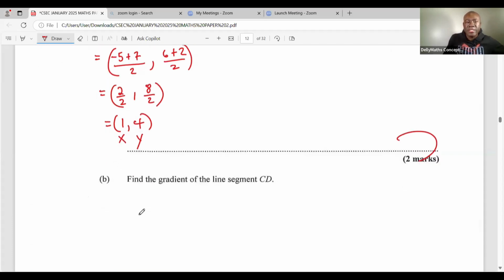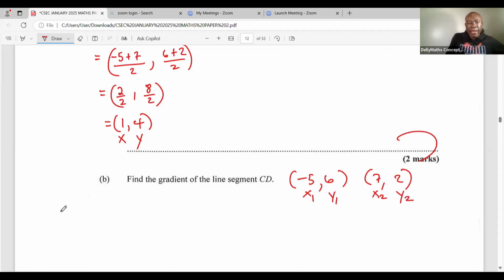The other question says, find the gradient of the line. If we're going to find the gradient of the line, we need to have our points back here. We want to look back at them. We had (-5, 6) and (7, 2), right? So let's label x1, y1, x2, y2. So I just brought back the points here.